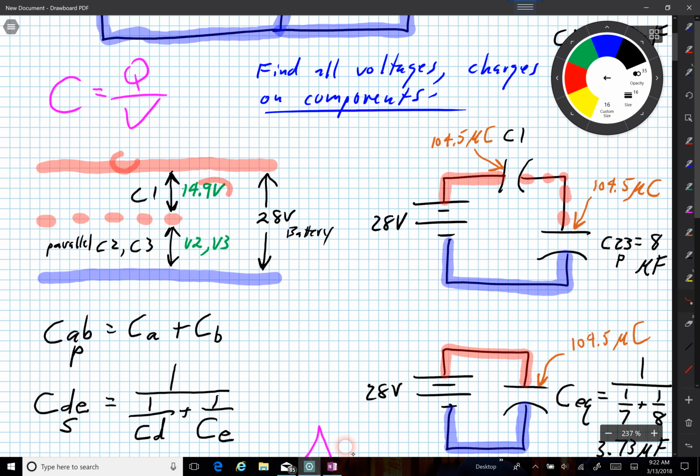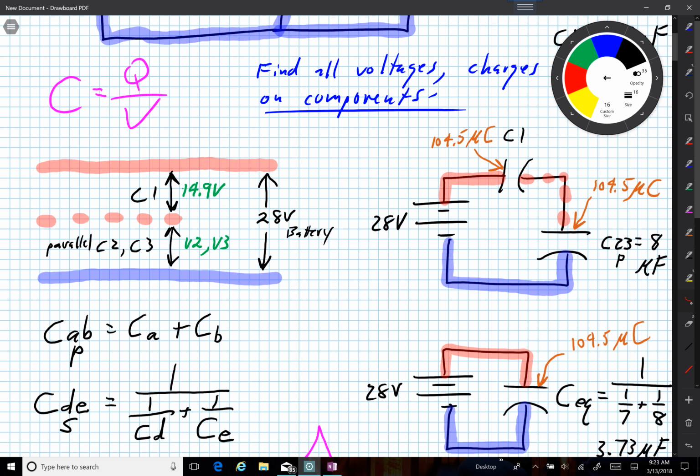14.9 volts means that this voltage here is 14.9 volts higher than the voltage here. Okay? And we know that this solid red voltage is 28 volts higher than this solid blue line down here.